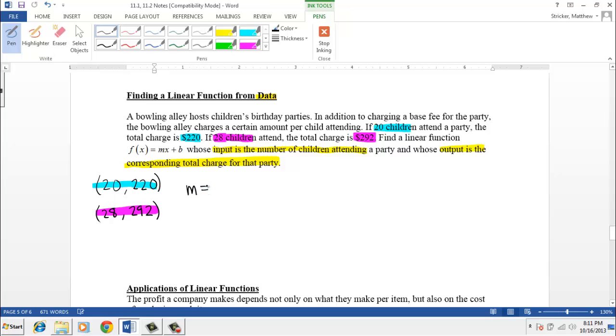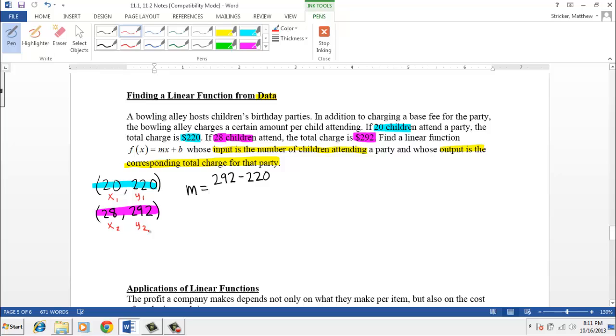Slope was equal to the change in the y values. That's 292 minus 220. Again, you might want to label these to keep everything straight. Call this x1, y1, and x2, y2.